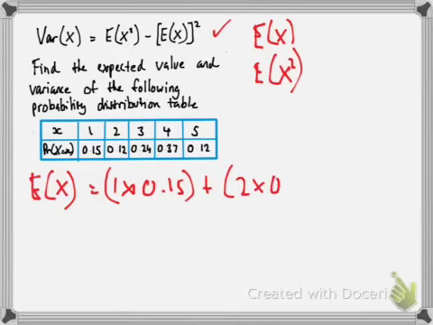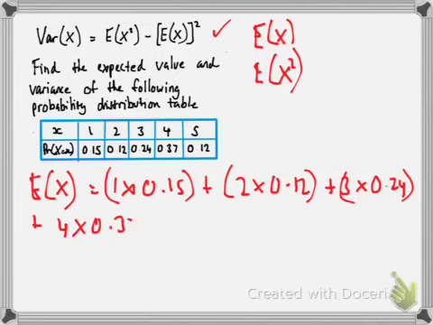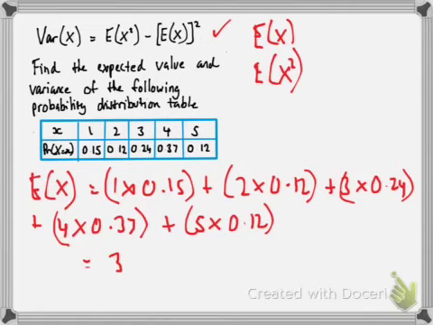So 2 times 0.12 plus 3 times 0.24 plus 4 times 0.37 plus 5 times 0.12. And if we sum those together, we get 3.19.